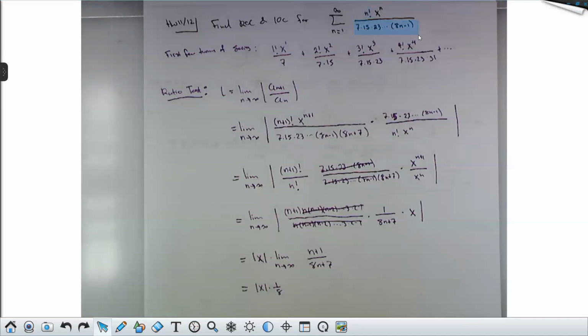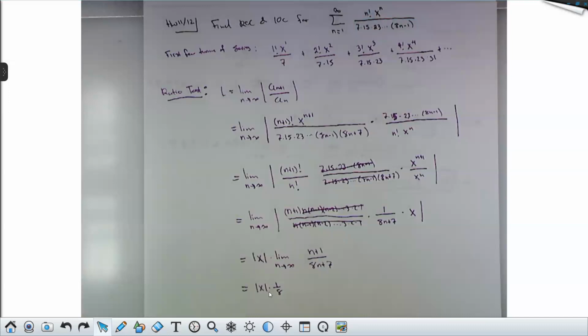N factorial or the weird product downstairs? Who grows faster? Who's tougher? The downstairs product. The downstairs product, right? Very good. The downstairs product is growing faster than the factorial.